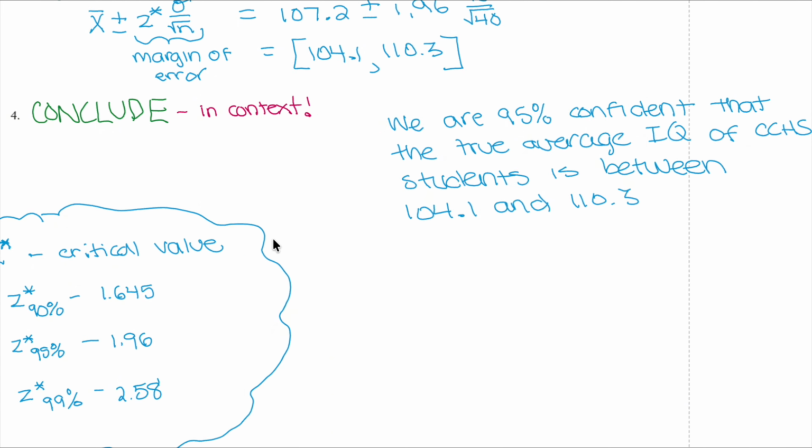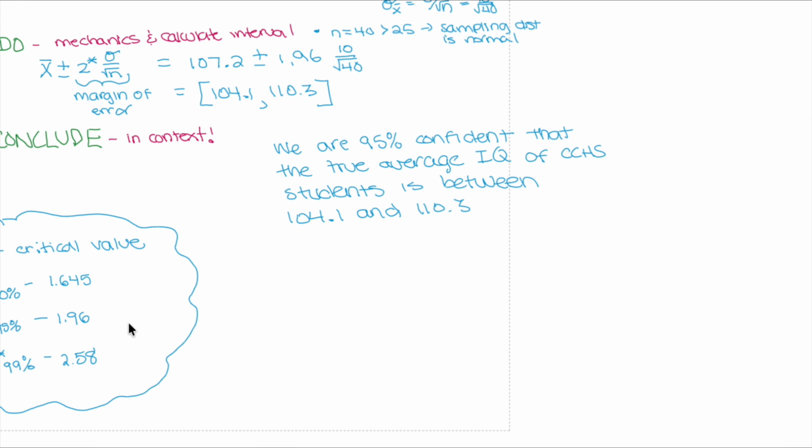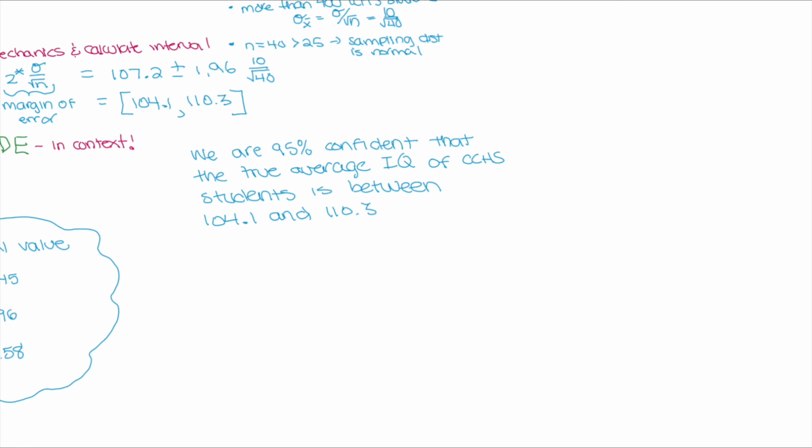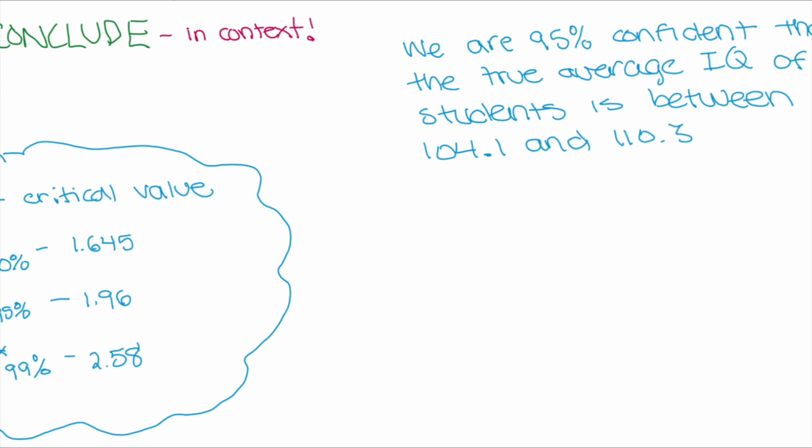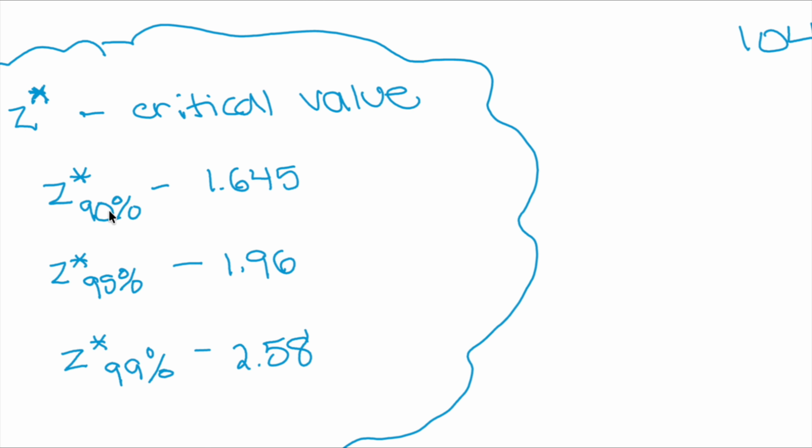And here I just want to jot down a few notes, which is the z star, or the critical values. Because we used 95% as our z interval for this question, it was 1.96. We did it on our calculator. But there are some very common z intervals, such as 90% or 99%.